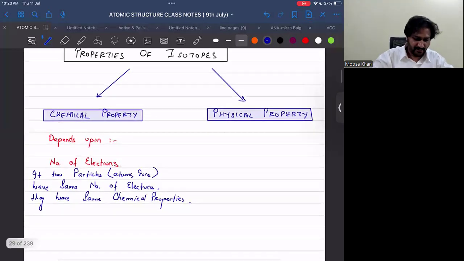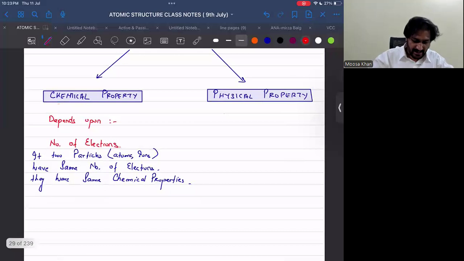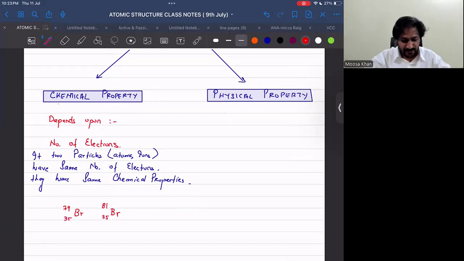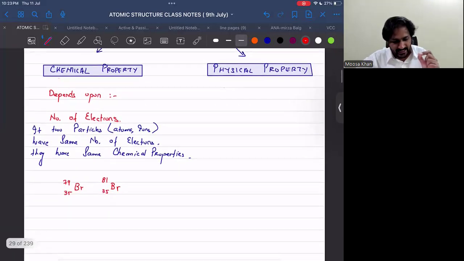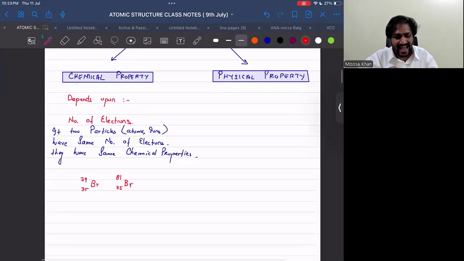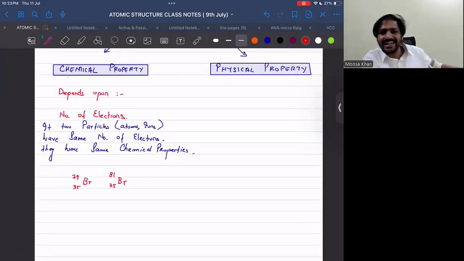For example, let's say we have two isotopes of bromine, one with the mass number 79, one with the mass number 81. But their atomic numbers are the same and they both are atoms. Because if we are saying these are two isotopes, it means they must be in their atomic form, because the definition of isotopes starts from the word atom.